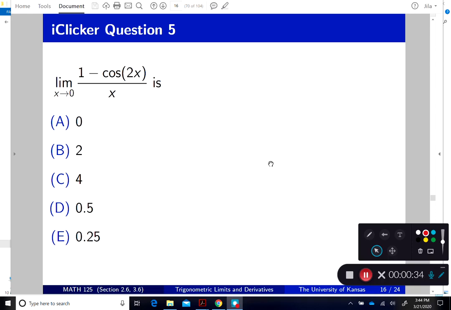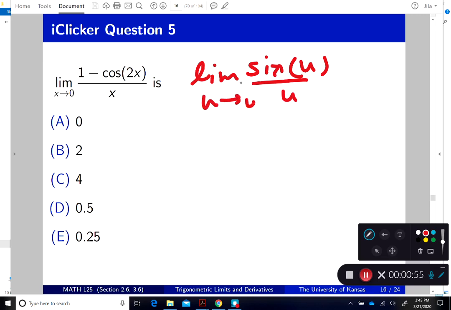Now we're trying to find this limit, and what I have is this priceless piece of information: the limit of sine of u over u as u approaches 0 is equal to 1.